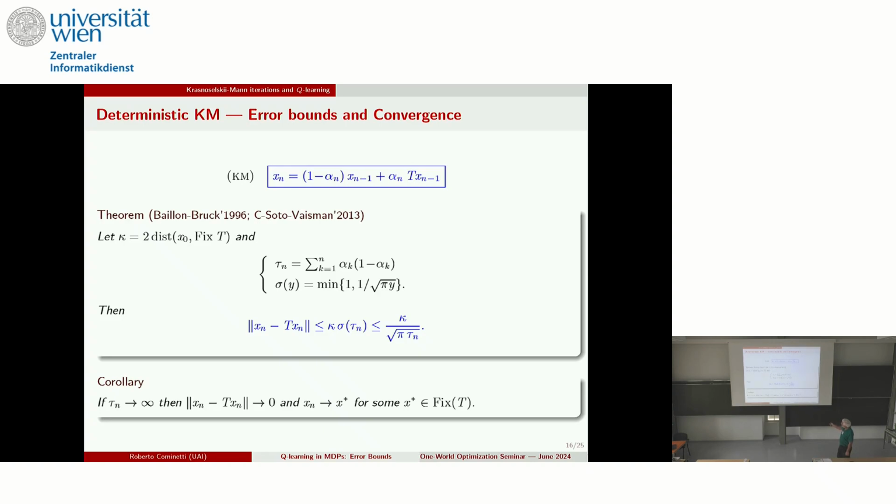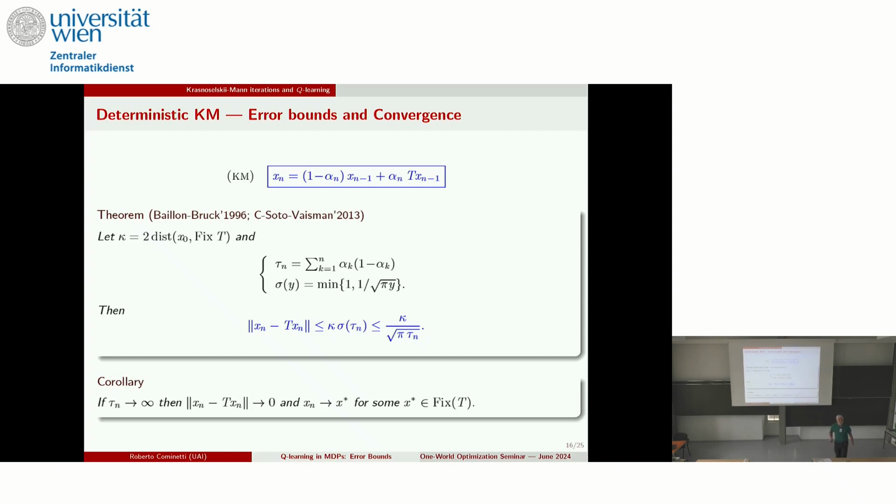The error bound tells you that the norm of x_n minus T(x_n) tends to 0 like 1 over the square root of tau_n, with an explicit constant, which is over here. So you have an explicit error bound. After n iterations, if you want to impose this be less than epsilon, you know what to do. In particular, you get convergence just by assuming that tau_n goes to infinity.